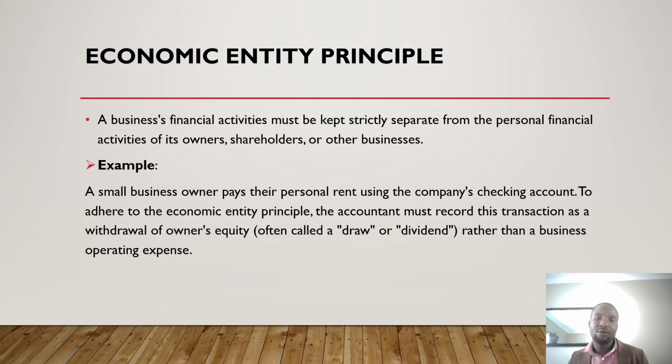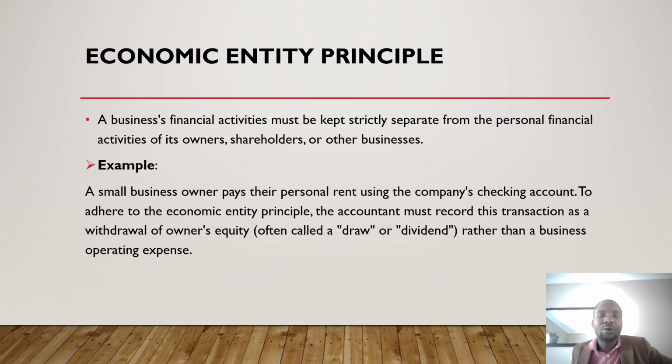And in some cases, maybe you can record it as a dividend that you are paying to the owner of the business, rather than a business operating expense. It would be a mistake for the accountant to record this transaction as an operating expense, because it is an expenditure that does not in any way help to generate the revenue of the business.